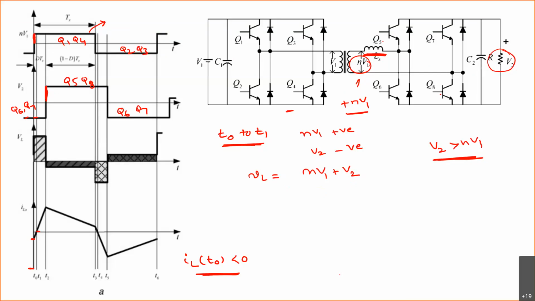In the first converter, which switches are conducting? Q1, Q4 are conducting. In converter 2, which devices are actually carrying the current?